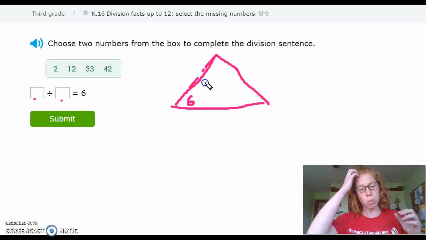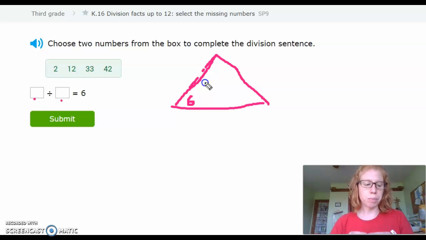In the rule of division, the dividend is the largest number because it's being split up and divided. So when we fill in numbers in this fact-family triangle, we need to make sure that the number up top is larger than 6 and larger than the divisor, the other number we put down in this box.